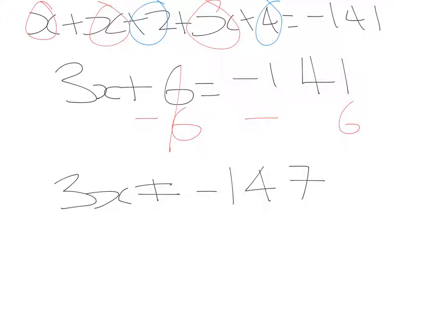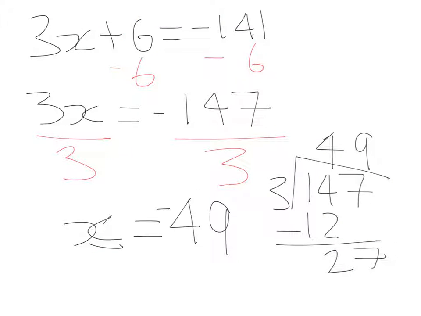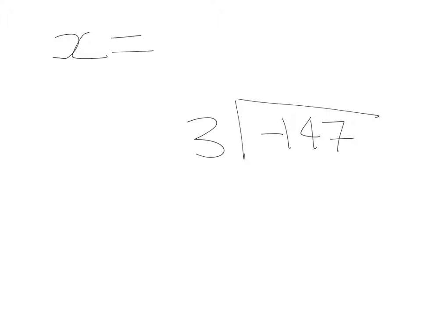Then what we have to do is isolate the variable. So we divide by 3, and this gives us x, the answer. As I said, x equals negative 147 divided by 3, and that would equal 49.